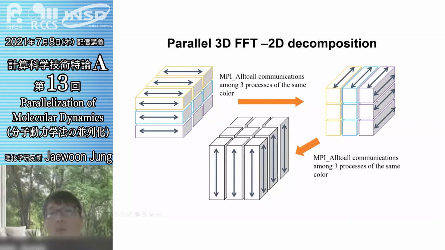Then you can perform FFT in this direction. And next, to perform FFT in this direction, we again perform all-to-all communication among processors having the same color. So these three processors have some MPI all-to-all communication and so on. And finally, you can have the data in this way, and you can perform FFT. So using this decomposition scheme, we need two MPI all-to-all communications.